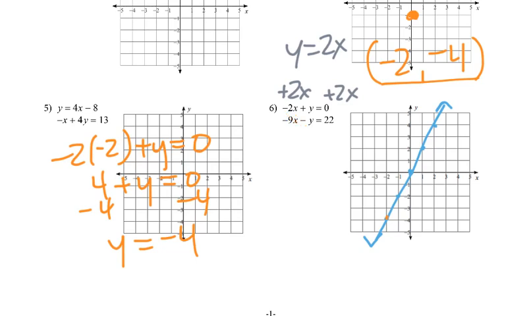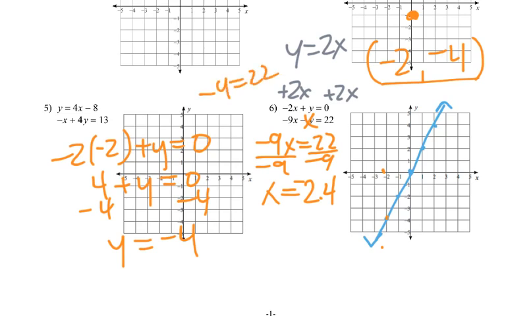Then if I only had my x, negative 9x would equal 22, divided by negative 9, and the x-intercept would be negative, whatever 22 divided by 9 is, 2.4, negative. So, but if I graphed that, oh, it was a negative y equals 22, so it should have been negative 22, clear down here.